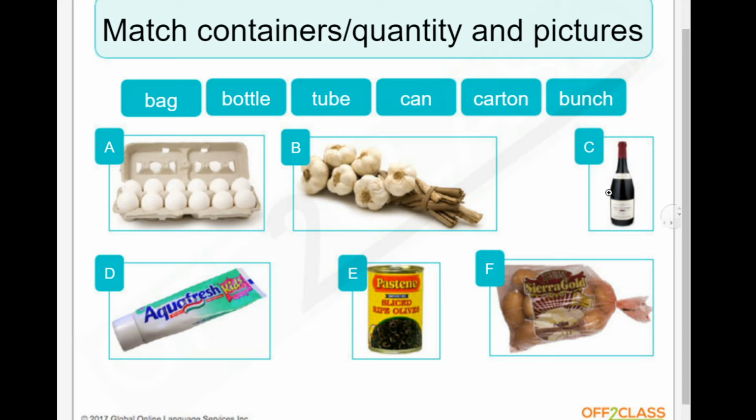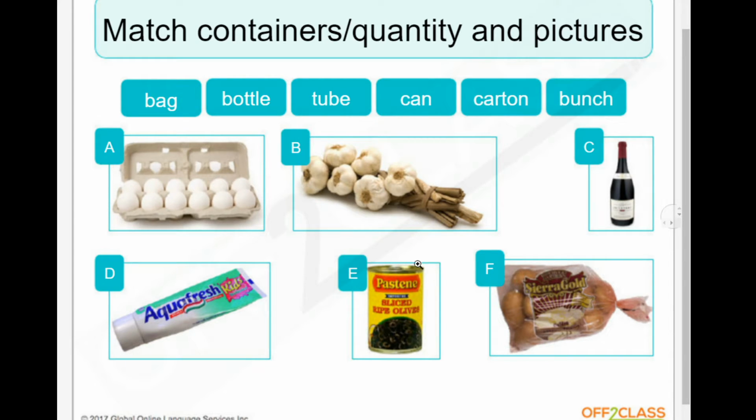C is a bottle of wine. C is a bottle of wine. D is a tube of toothpaste. Please repeat.